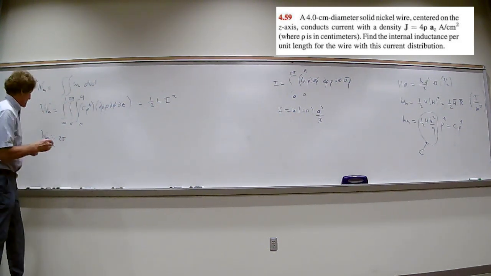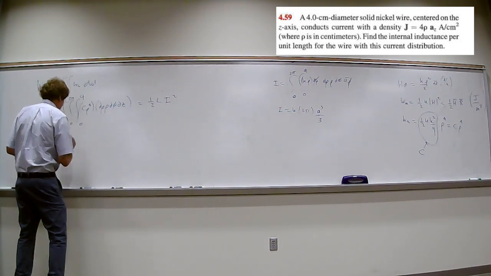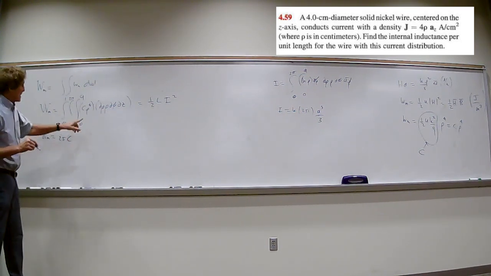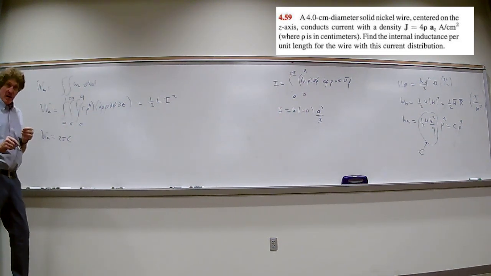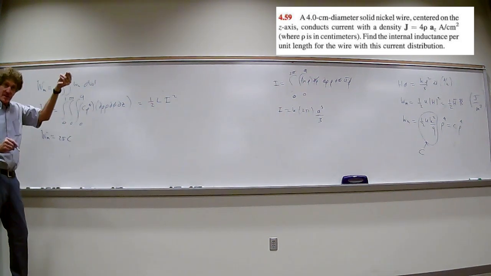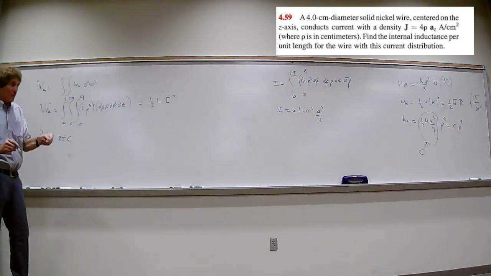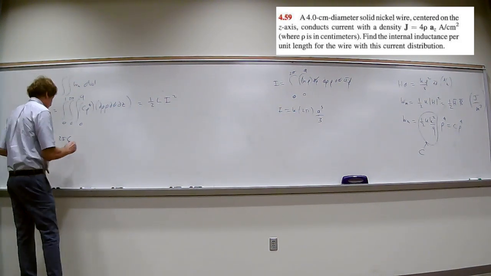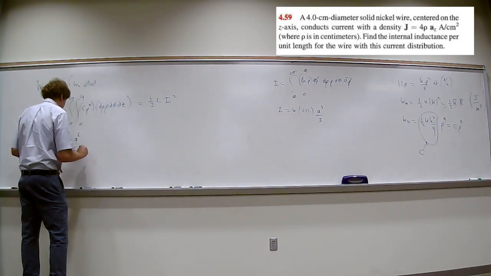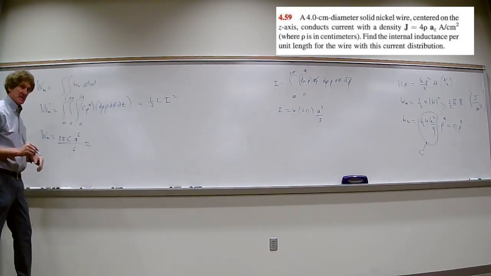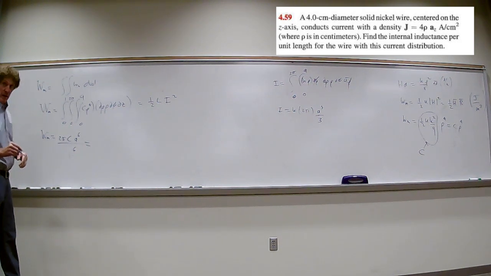What about the next thing? I better bring out the C or I'll forget about it. Right? Then you got rho to the 4th times rho to the 5th, correct? Integrate that, you get rho to the 6th over 6 from 0 to a, it's going to be a to the 6th all over 6. That's the total magnetic energy. Do y'all agree with this, class?